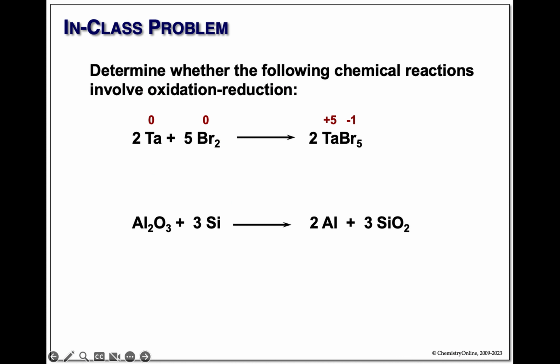Question 1. Have oxidation numbers changed? Absolutely. 0 to +5. 0 to -1. Who has lost electrons? To go from 0 to a plus, you have to lose electrons, right?